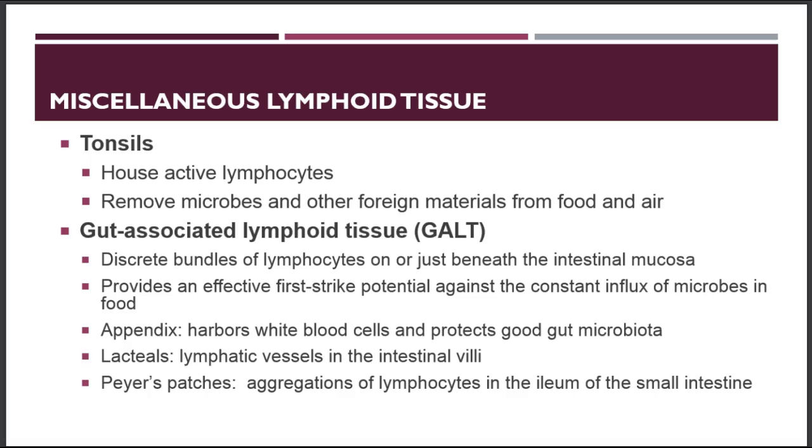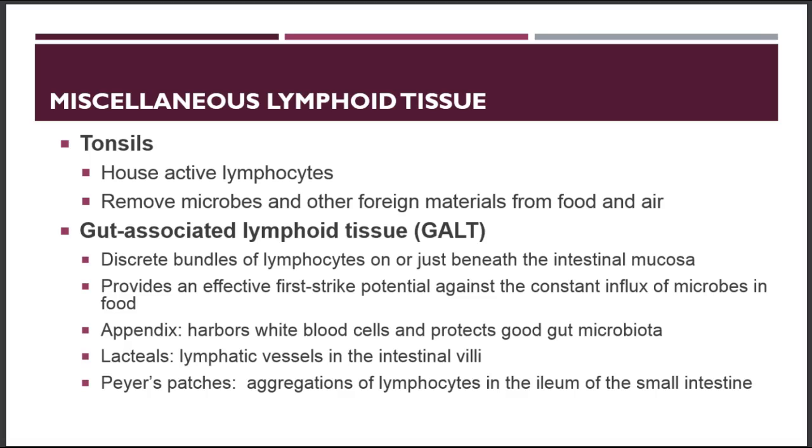There's a constant flow of microorganisms through the gut, and this tissue helps to address that. The appendix is part of this gut-associated lymphoid tissue. It harbors white blood cells, and it protects the good gut microbiota.